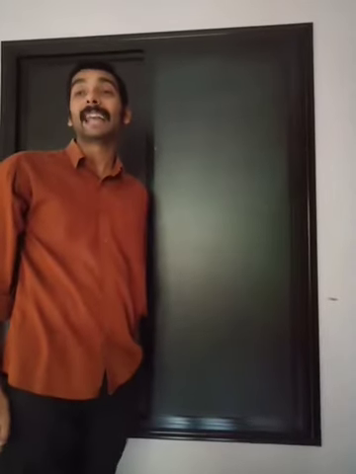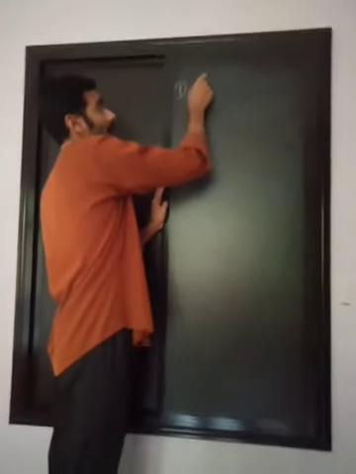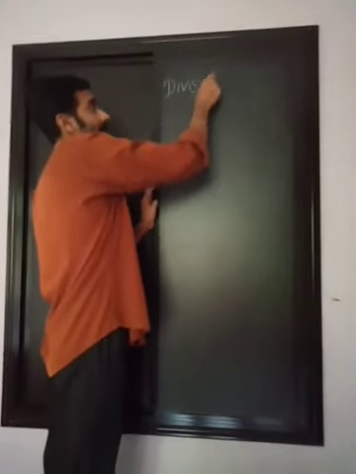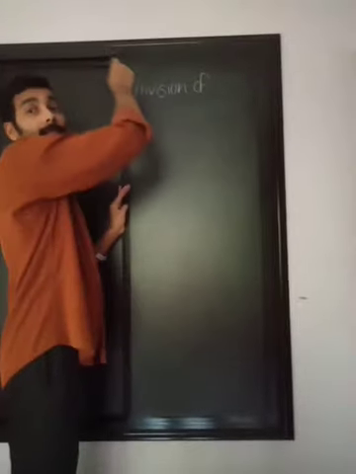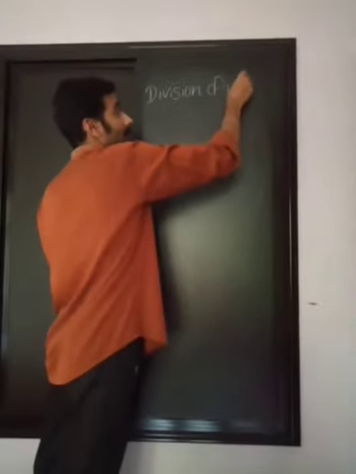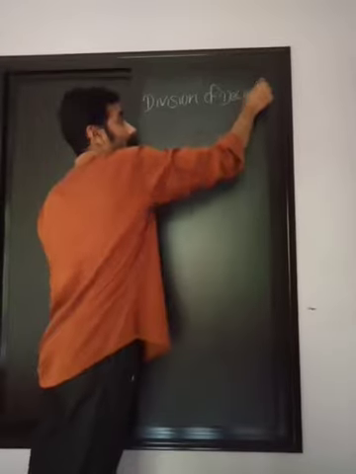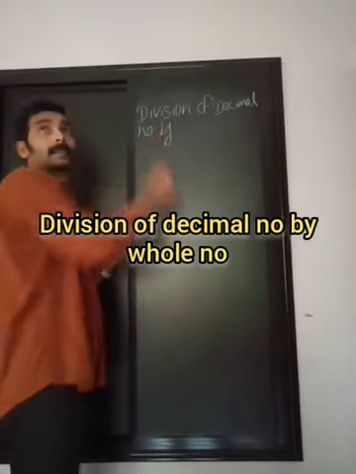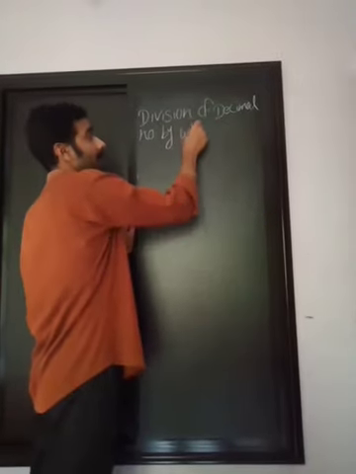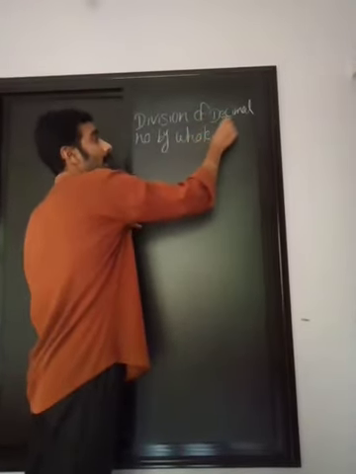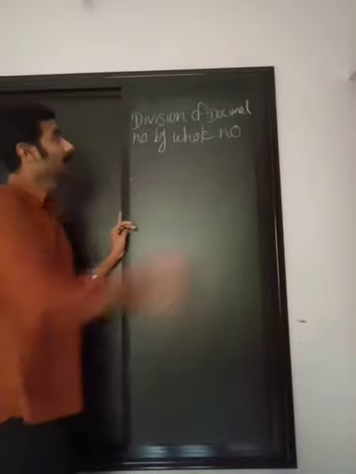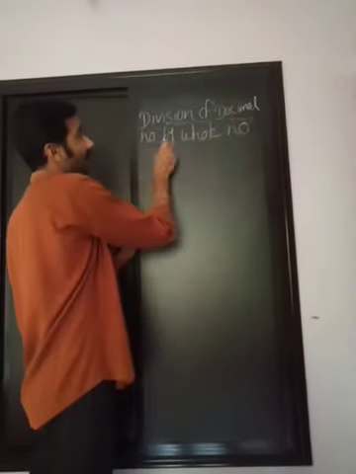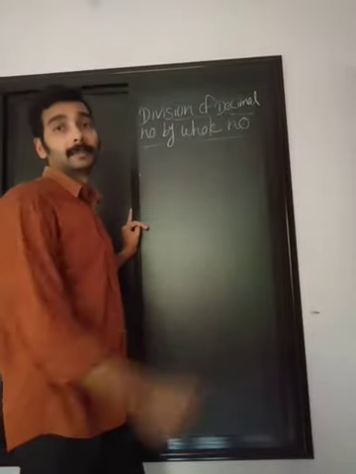Another one is division of decimal number by whole number. Okay.